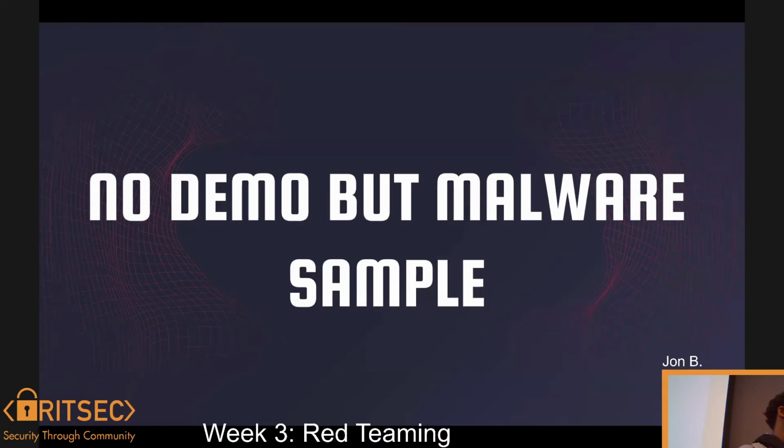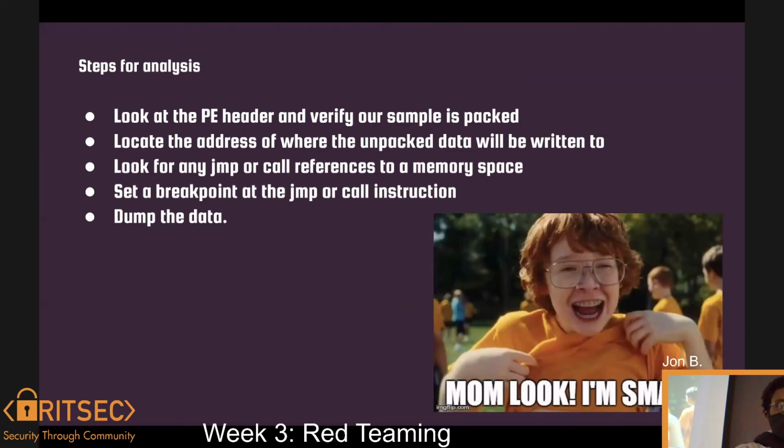I have no demo, but we're going to do a walkthrough of a malware sample. So these are the steps we're going to go through. We're going to look at the PE headers and verify again that it's packed. Locate the address of where the unpacked data will be written to.